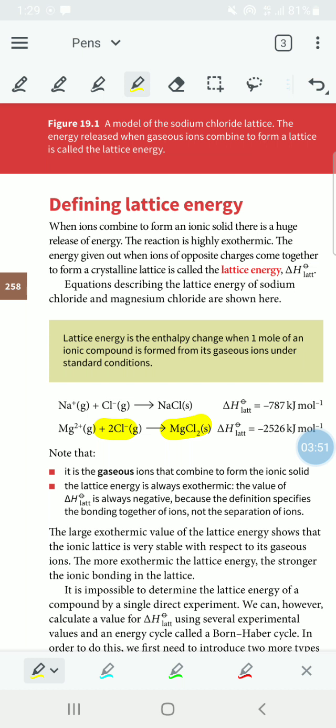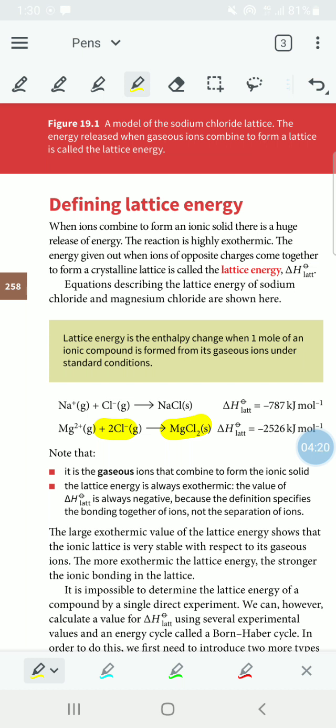It is not about how many moles of atoms or ions combine. It is about 1 mole of ionic compound being formed. So again, it follows the definition, and therefore we are on safe grounds. So delta H lattice is equal to negative 2526 kilojoules per mole.